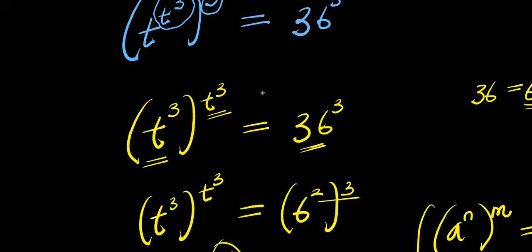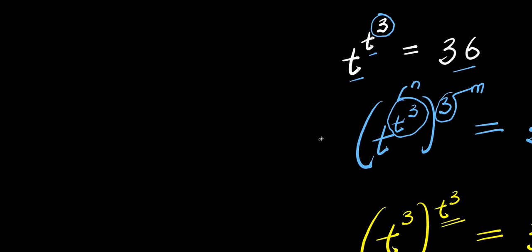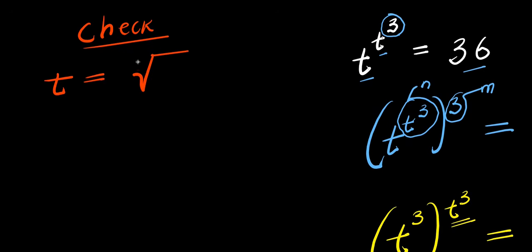Now, what we will do will be to check by inserting this value of t back into this equation, and let's see if it's going to satisfy the equation. So we have t equals the cube root of 6 or 6 power 1 over 3.